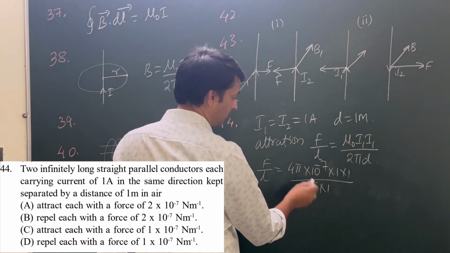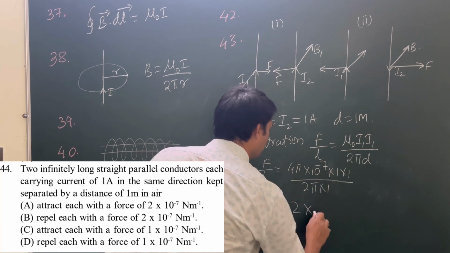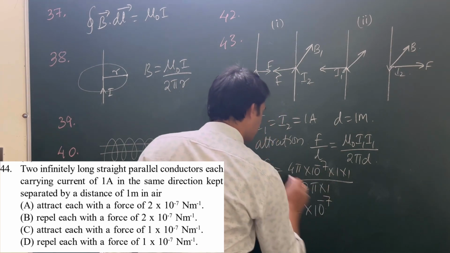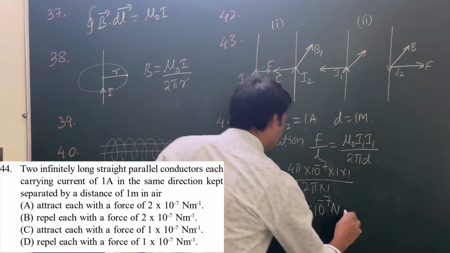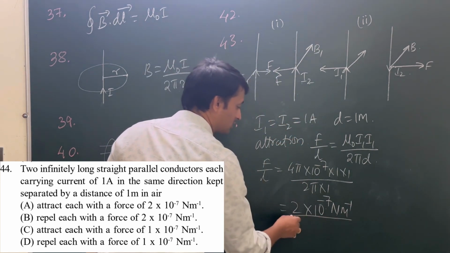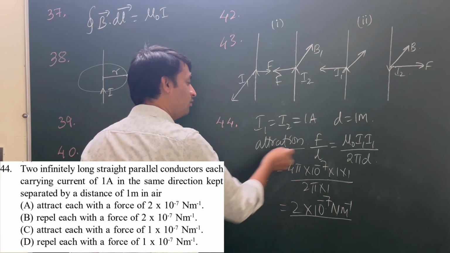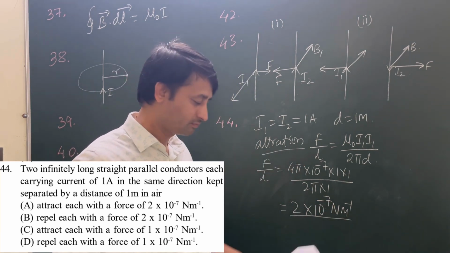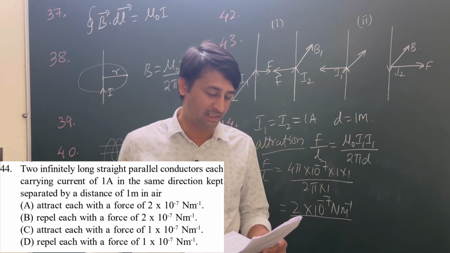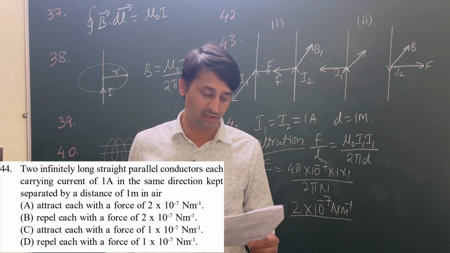So pi will get cancelled, and we get 2 into 10 raised to minus 7. The force unit is Newton and the length unit is meter. The force per unit length will be equal to 2 into 10 raised to minus 7 Newton per meter, and the force will be attractive. So they will attract each other with a force of 2 into 10 raised to minus 7 Newton per meter.